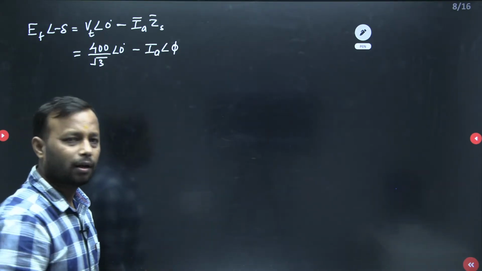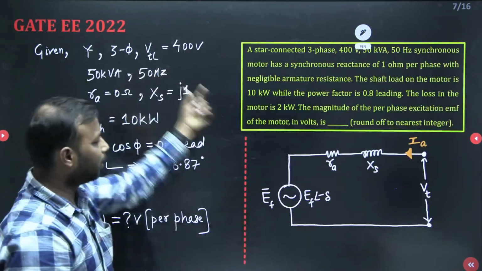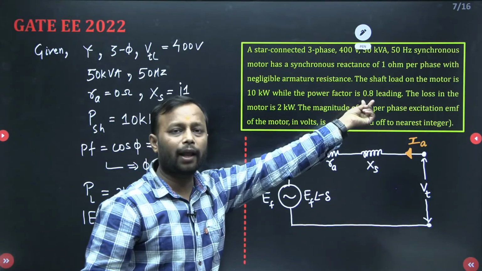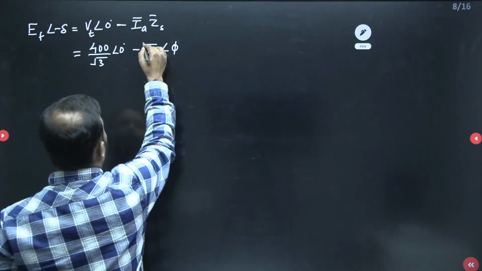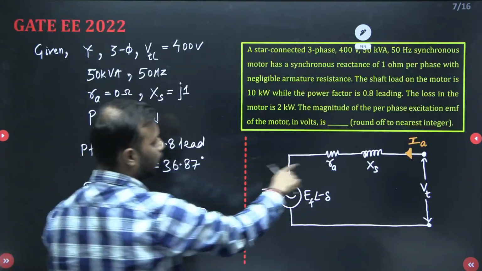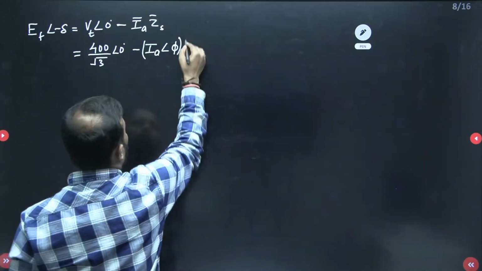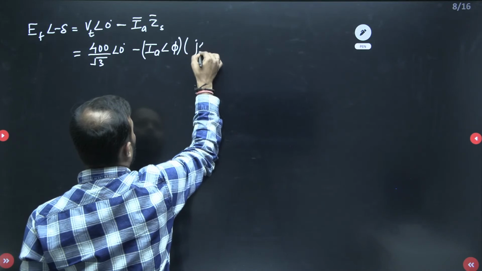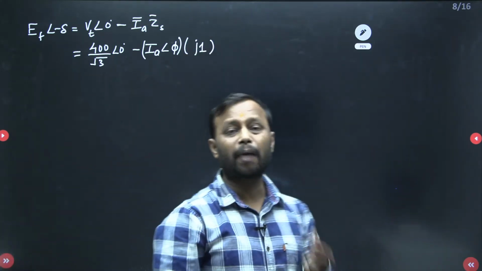This phi is the power factor angle, and it is leading the terminal voltage at an angle of 36.87. And this ZS is the synchronous impedance. So here RA is 0, XS is j1. Got the point? So here the only unknown parameter is the magnitude of IA.